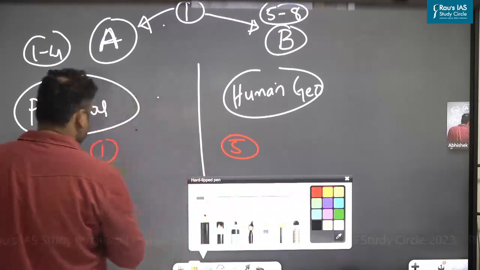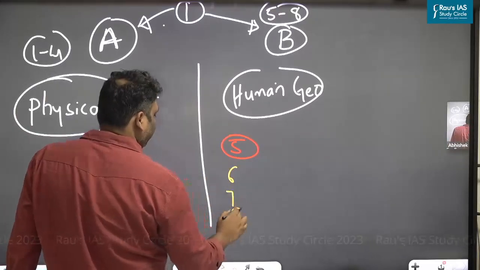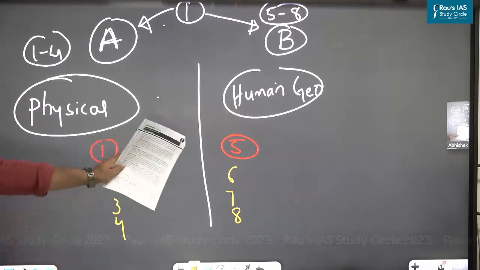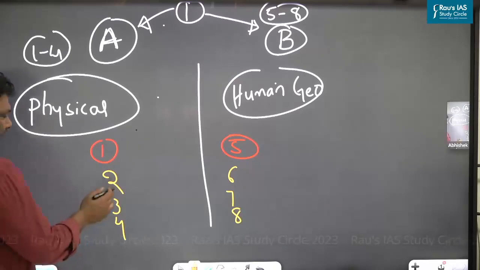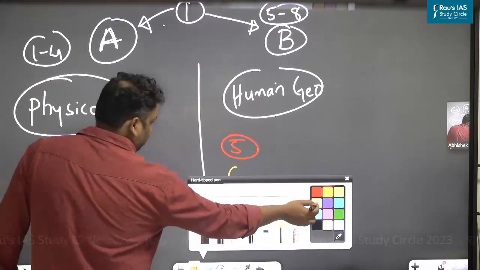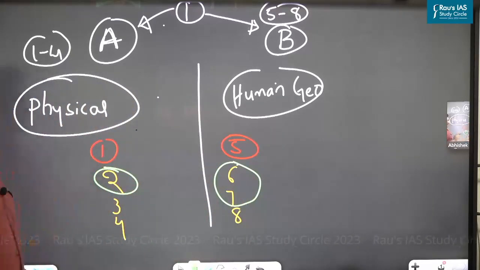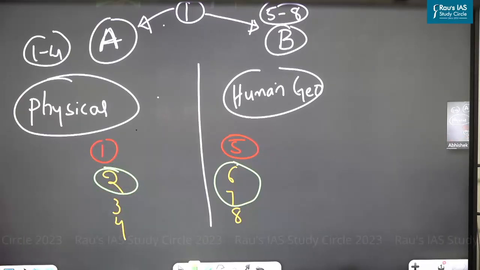And here you have 2, 3, 4 and 6, 7, 8. So from here, you have to choose at least one question from each section. So here you can choose one question, and here you can choose 2 questions. Or you can choose 2 questions here, or from there you can choose 1 question.